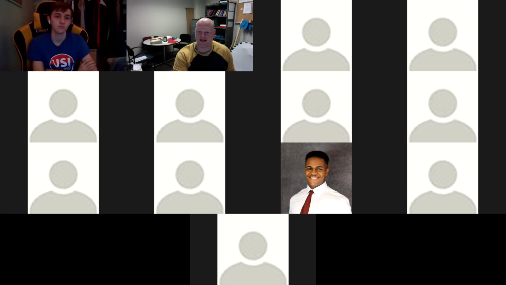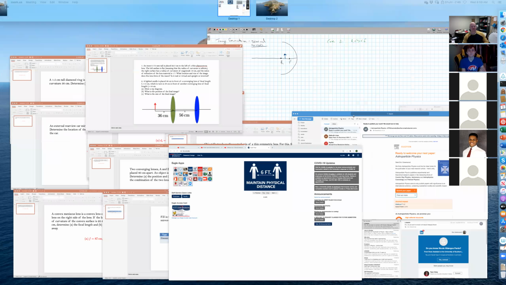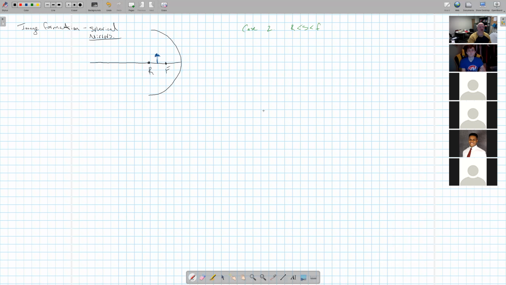So, let's remind ourselves what we were talking about here. Last time we were looking at image formation from spherical mirrors, and we were looking at the concave mirror. So far we did case number one, when the object was placed outside of the radius of curvature.